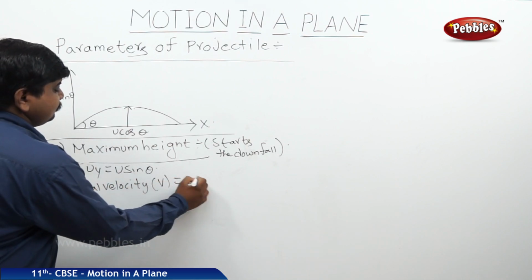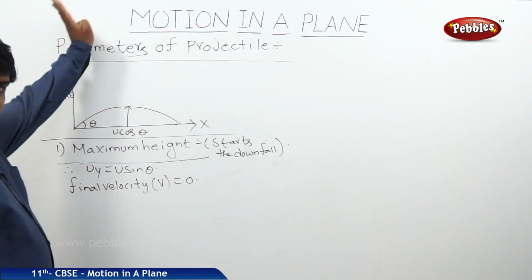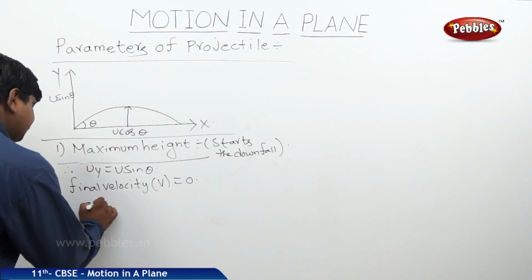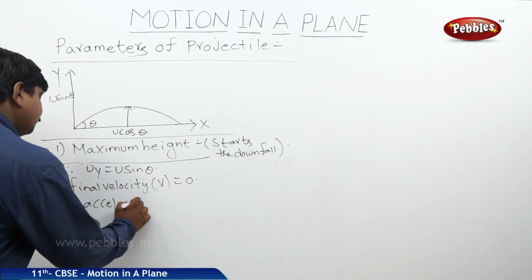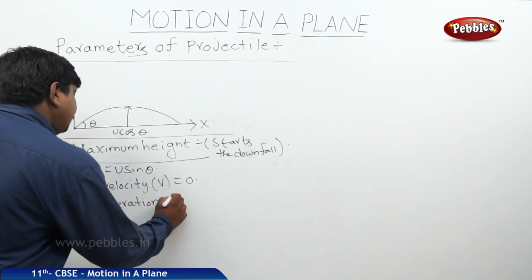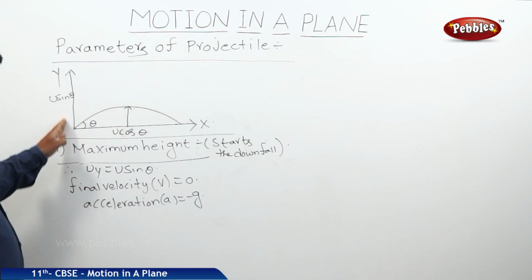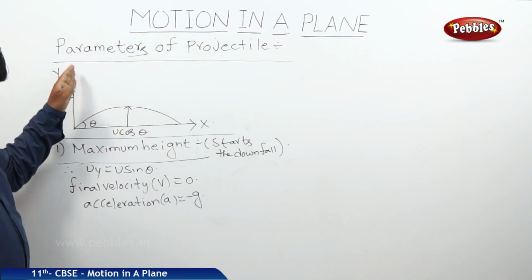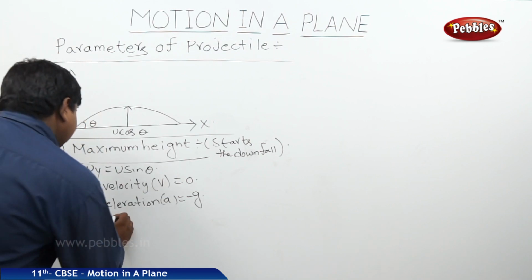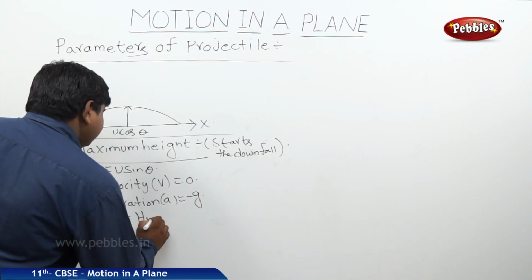V is equal to 0. If the body is moving up, acceleration is minus g. A is equal to minus g. The distance travelled in the vertical direction to a maximum range is S is equal to hm.